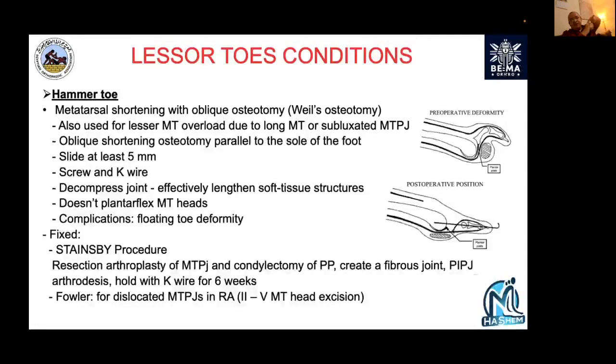Once you do a tenotomy of the extensor tendon, the flexor is still intact. You put your wire, the toe will be straight. Once you remove your wire, because you did a tenotomy of the extensor, the flexor will be pulling the toe down. Especially remember, the toe is floating. There is no MTP joint anymore. When it pulls down, the patient's problem will be worse because this toe will be rubbing against the ground.